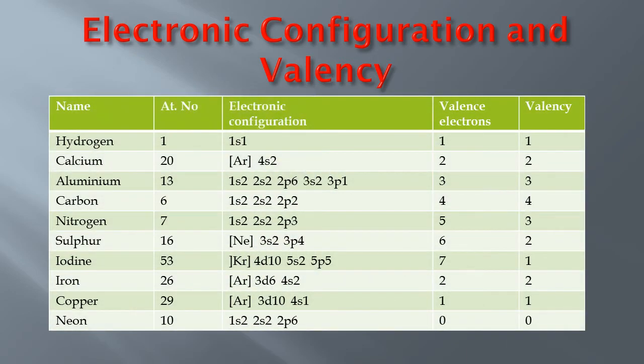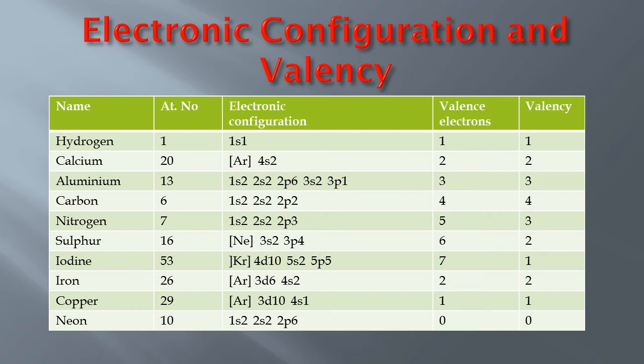So, I had just told you how the group number denotes the valence electrons. I have also given you here some samples of configuration, that is electron distribution of various elements, and we shall see how configuration, valence electrons and valency are related. So taking hydrogen, it has only one electron in the s orbital, valence electron 1, valency is 1.